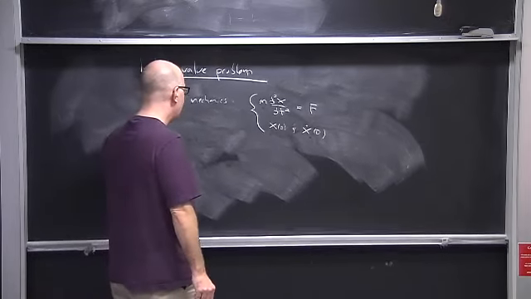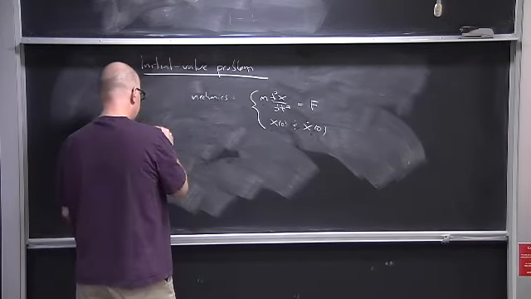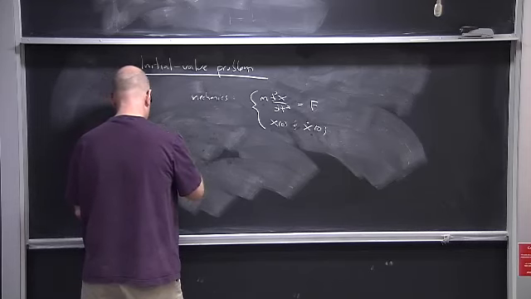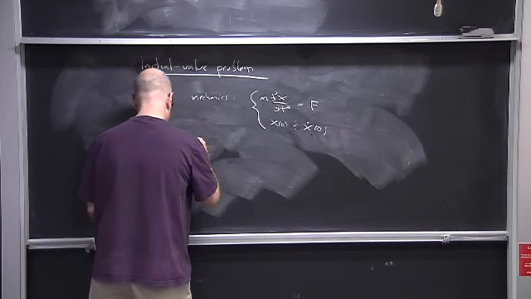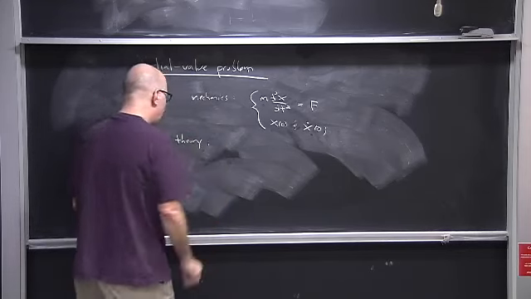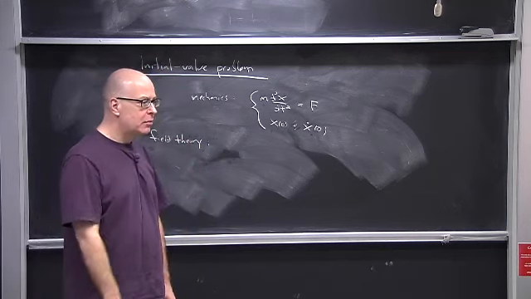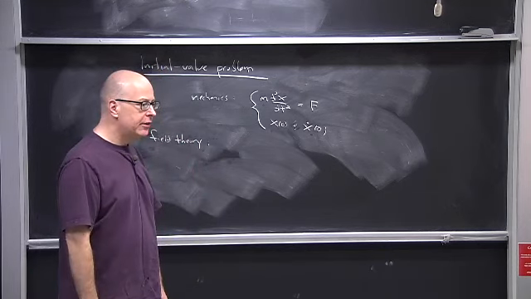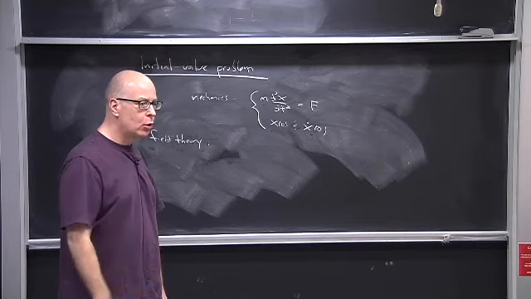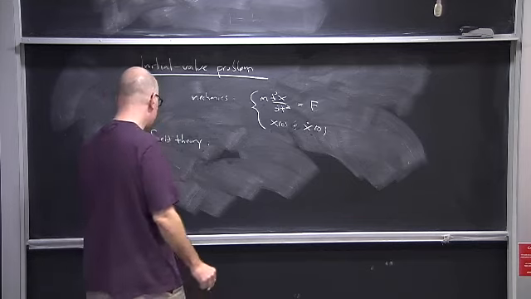In the context of field theory, we're dealing with something already a little bit more complicated. So an example of a field theory would be just an ordinary scalar wave equation, say with a source term.